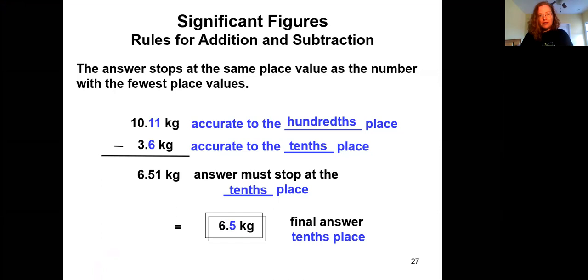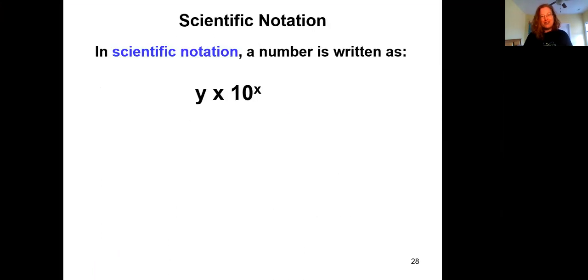All right, next, scientific notation. Some of you may remember this if you had math fairly recently. Others, this may have been a while. In scientific notation, a number is written as a coefficient times 10 to an exponent.